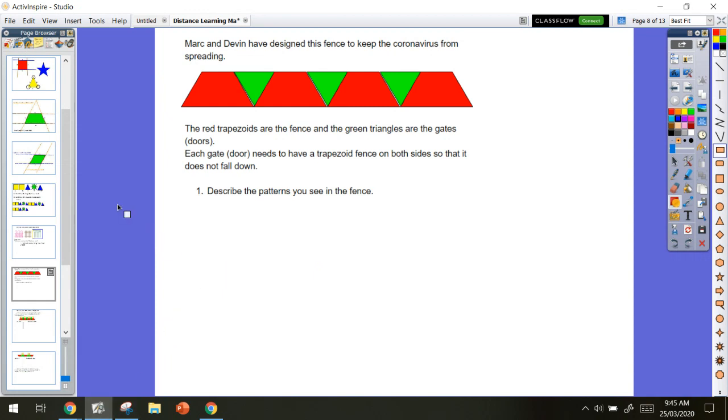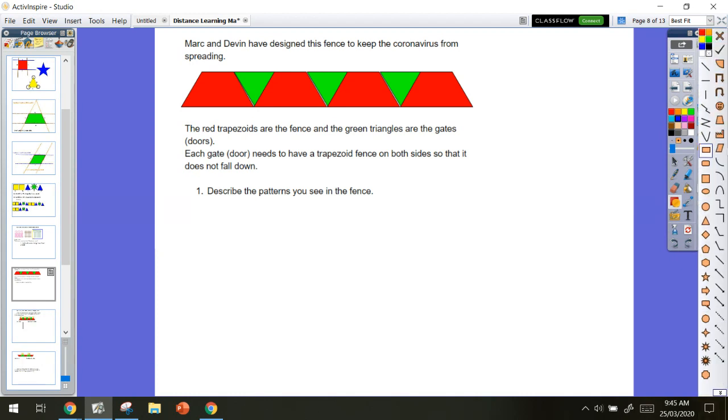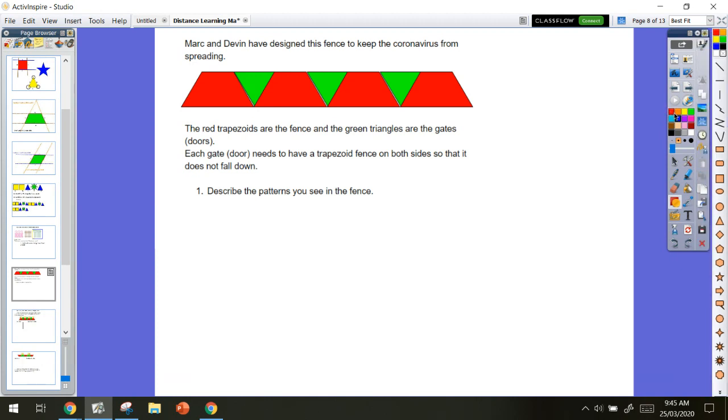There's the red and the green. Okay, what is the red shape? What is the red shape called? I forgot. Trapezoid. Okay, so we have a red trapezoid. And what's the second shape? Green triangle. Yes.